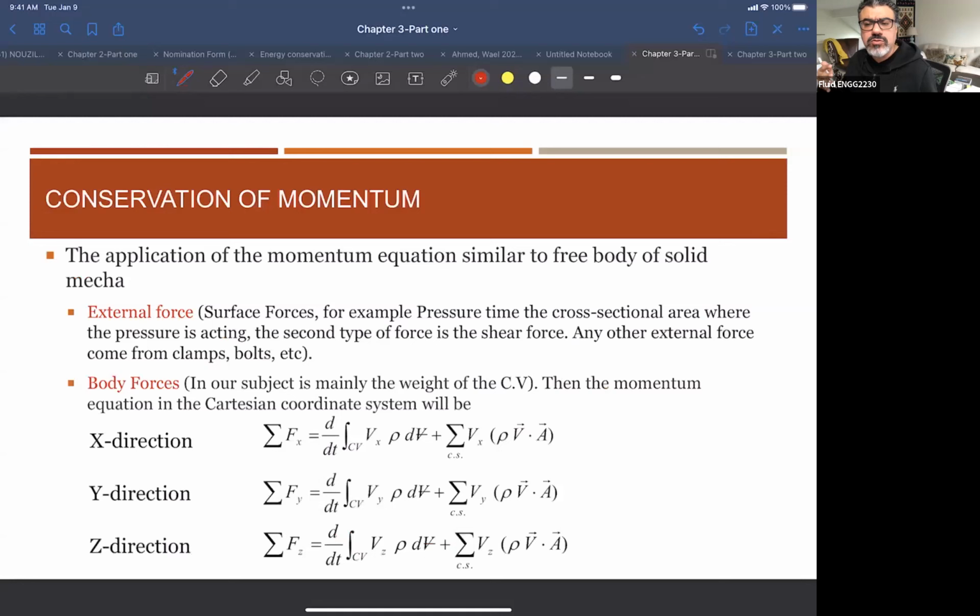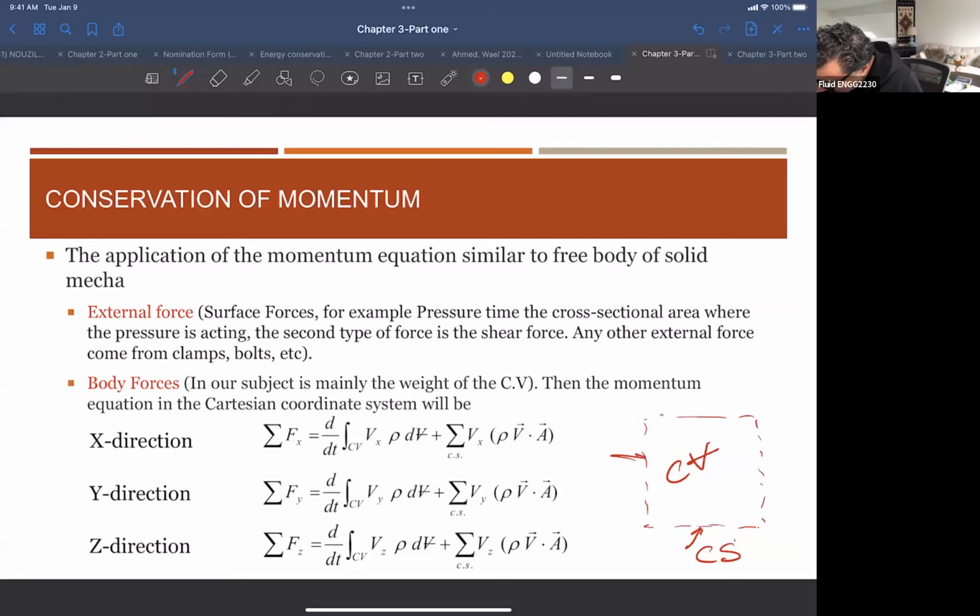If we are looking at the forces and the momentum, we are talking about what forces affect this control volume. So if we have a certain control volume here, this is the control volume, okay? We call this the control surface, okay?